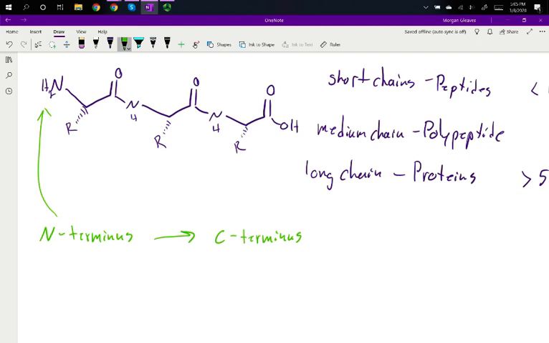And so I always write, standard English, left to right. We start with the nitrogen on the left, we go over to the carboxylic acid on the right. By convention, this is how we draw them. You could have done it backwards, we chose to do it this way. This is the standard way.